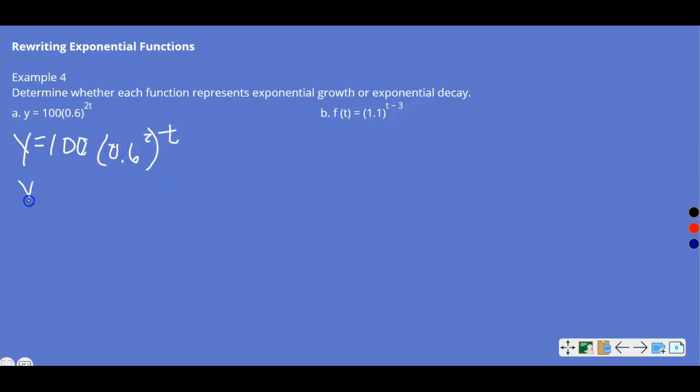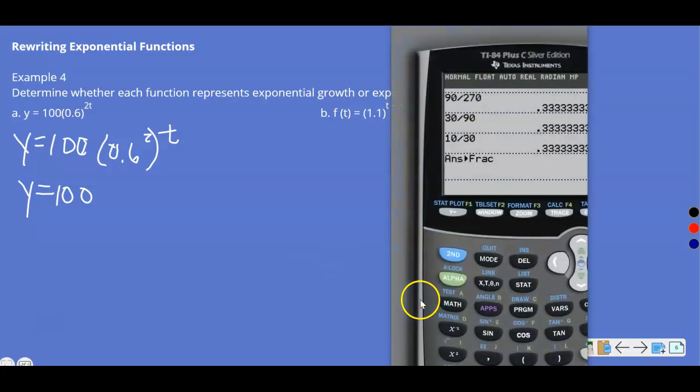So if we do that, then we can do 0.6 squared, which is 0.36. If you're not sure about that, take your calculator and do 0.6 squared, hit enter, and you get 0.36.